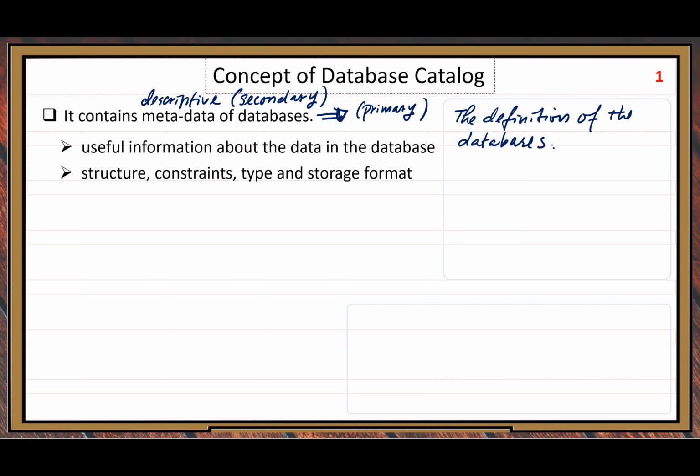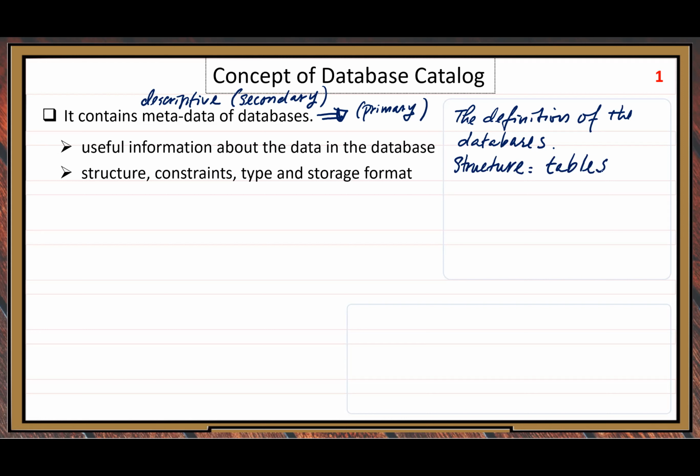And in the definition, what kind of details do you need to provide? The structure, the table structure. The structure mainly we refer to as table structure, meaning a list of tables.